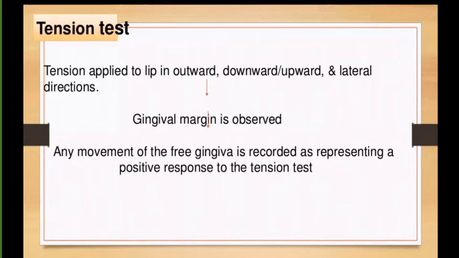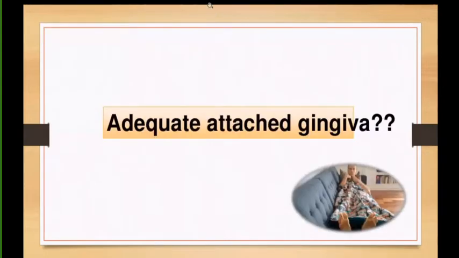We are not measuring whether it is 4 mm, 3 mm, or 2 mm. We just see whether the gingival margin is moving or not. If it is not moving, then your attached gingiva is adequate. If it is moving, then your attached gingiva is inadequate. Okay? You all are with me? Yes, ma'am.